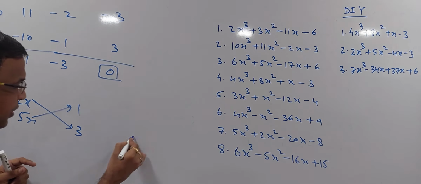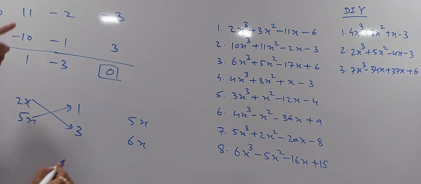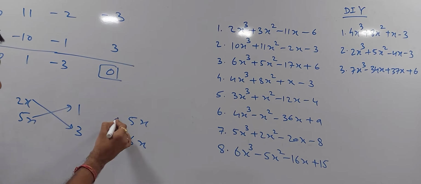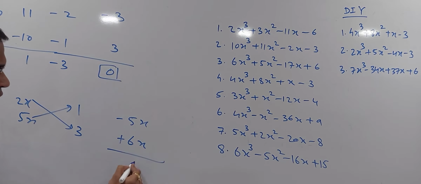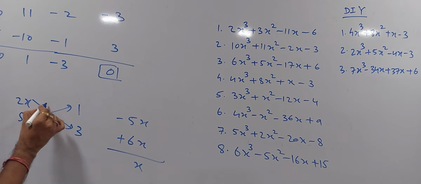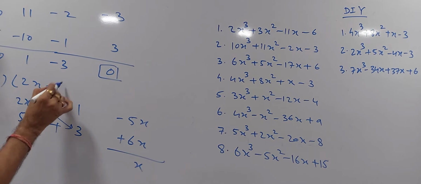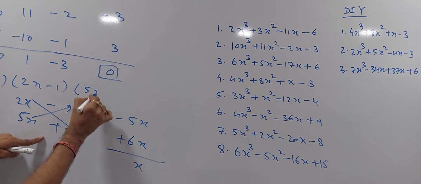So 2x into 3 is 6x, 5x into 1 is 5x. I want it to be plus. So let this be minus and this be plus, the addition will be x, that we want plus x. Now plus is here and minus is here. Fine. So final answer for me is x plus 1, 2x minus 1 and 5x plus 3.